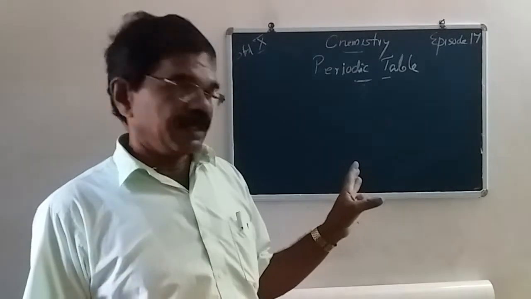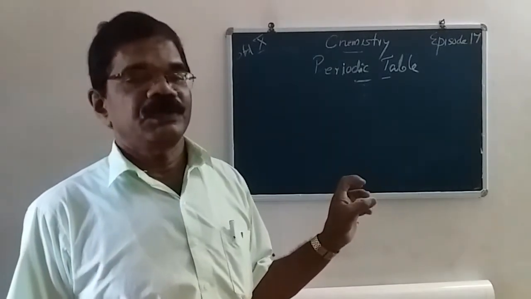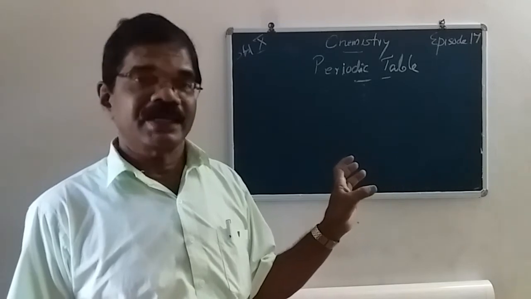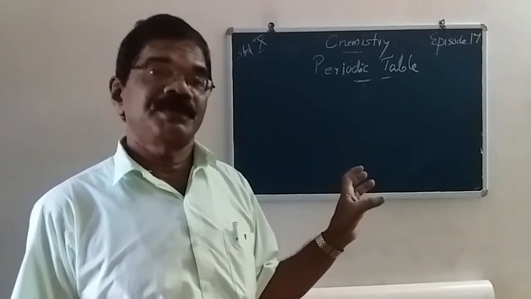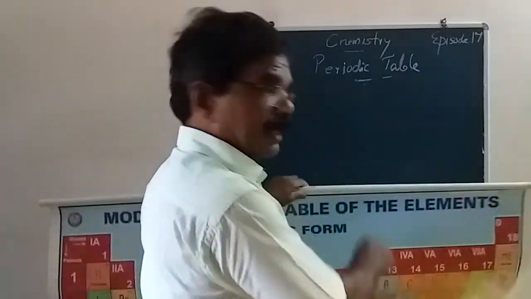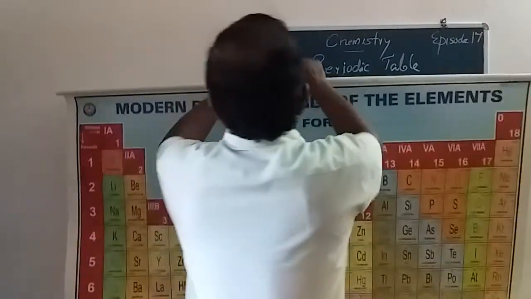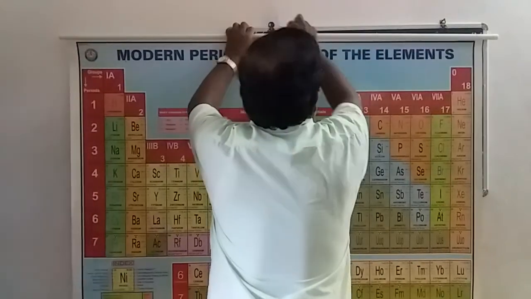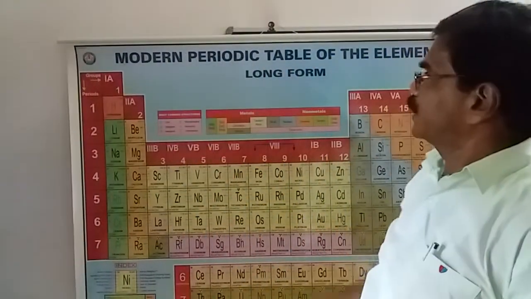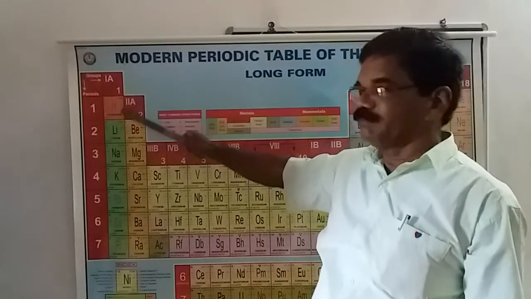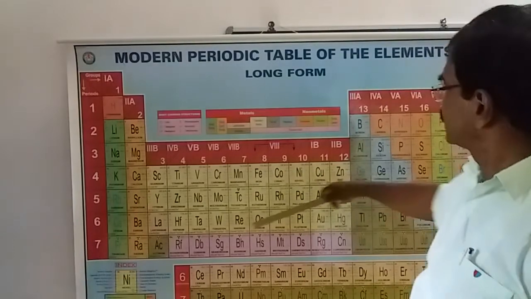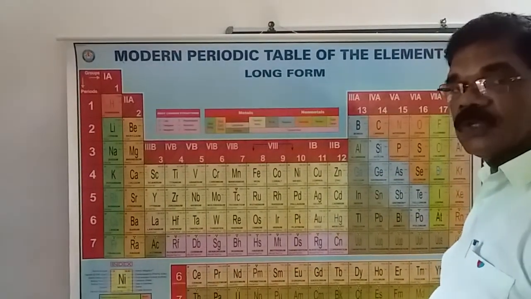The third thing we are going to study is how the metallic character and non-metallic character change among periods and groups. Let us see the periodic table. I said to you that in the periodic table, the left side has metals and the right side non-metals.